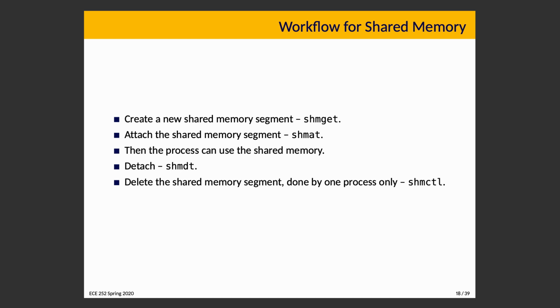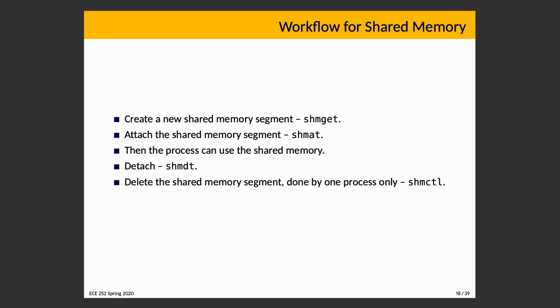The workflow for shared memory relies on the following functions, and these functions are defined in the header sys/shm.h. The workflow for using it requires you to create a new shared memory segment. The one for that is called shmget, shared memory get. You attach the shared memory segment, so you connect your program to that shared memory.